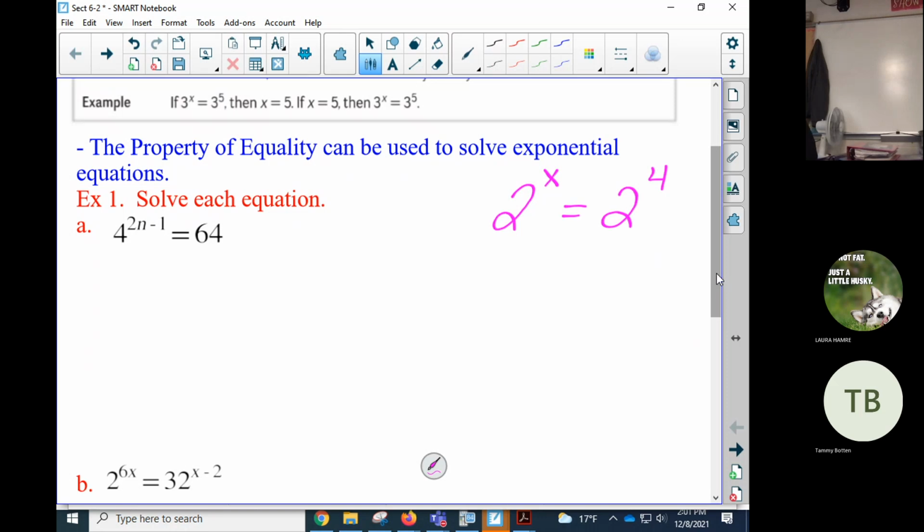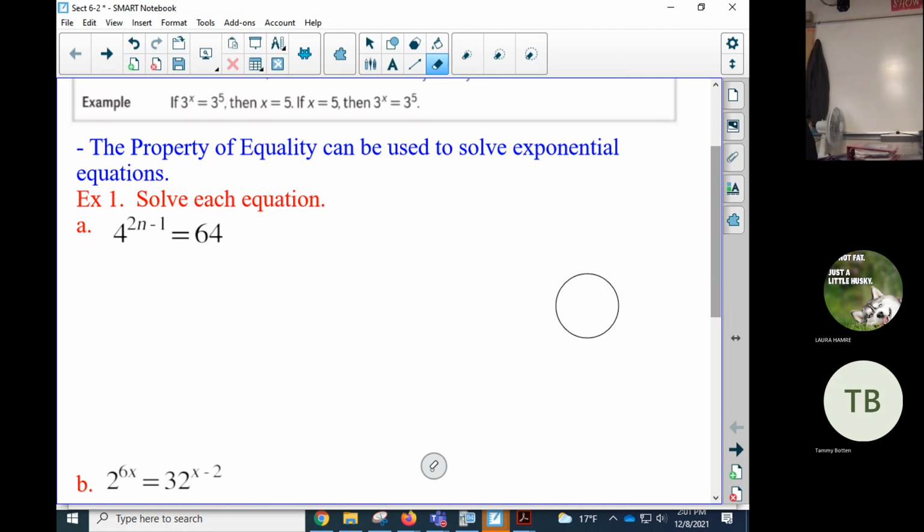And when you do that, you can ignore these and just bring your exponents down. Okay, so everybody understand that if the bases are the same, you forget the bases and the exponents come down, and that is an equation we solve, okay?